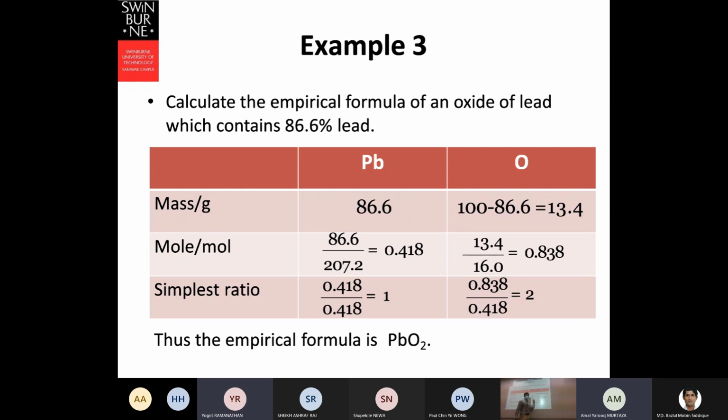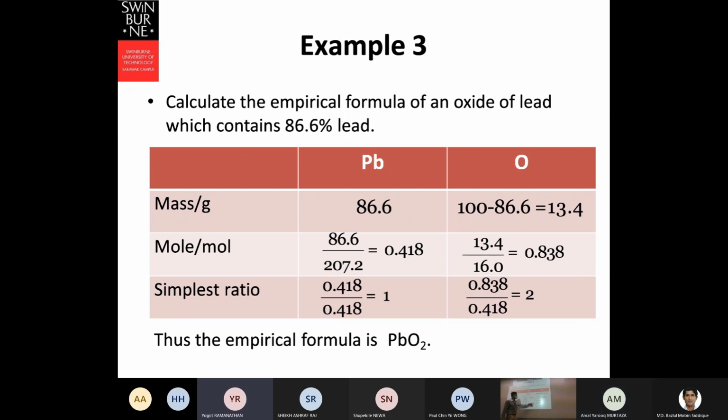Here only two of them are there, lead and oxygen. If there are 5, 10, whatever number, we would take the smallest among them and divide. So we divide both by the smallest number, and we get the simplest ratio.